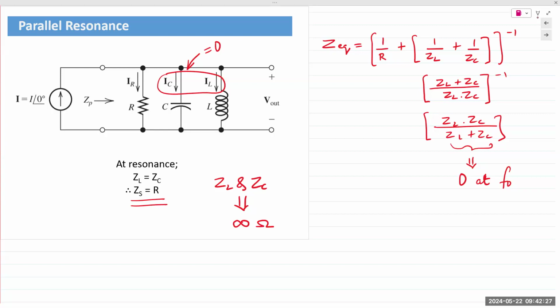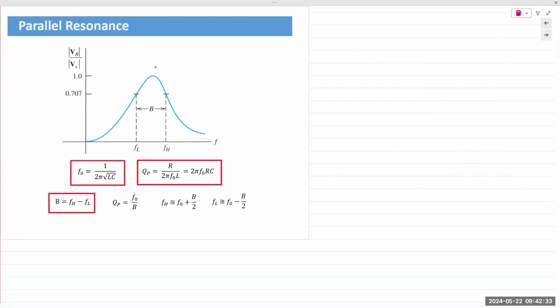And because it's purely resistive, you have maximum output in the circuit at resonant frequency. All other values, either the inductor or the capacitor will offer some impedance, and so the output drops. And you get a graph that looks like a bandpass filter.